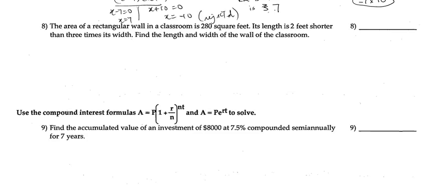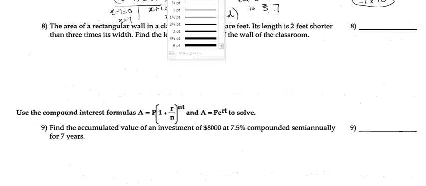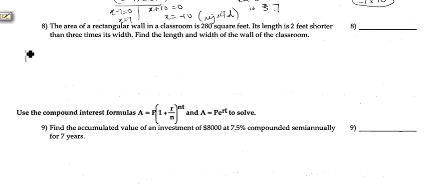Well, we got a rectangle. We should let the width be x. Always try to let the shorter one be x, it would probably be easier.